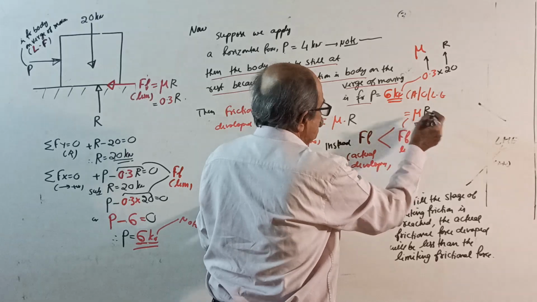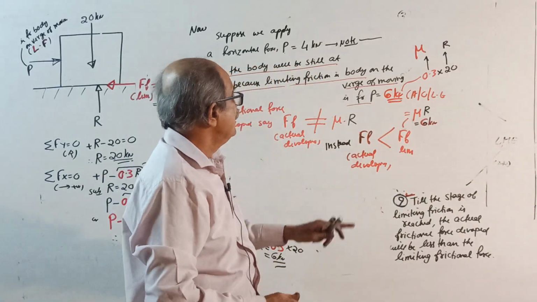So the frictional force developed is not 6 kilonewton, it is less than 6.